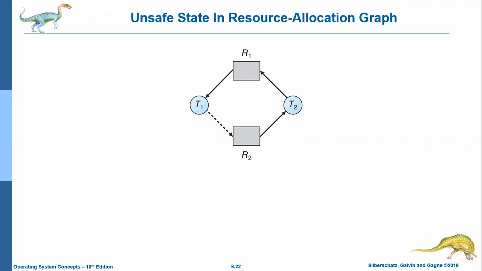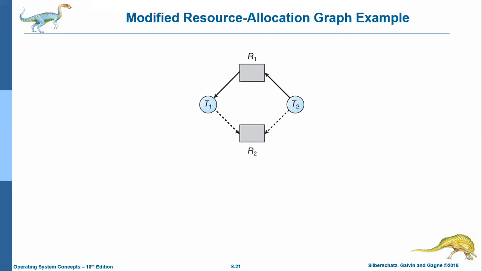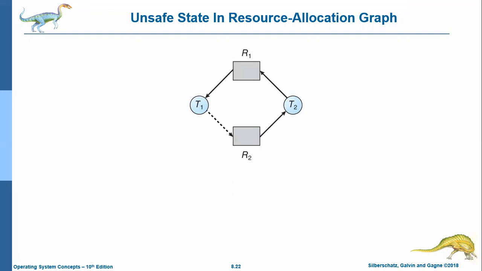And this figure indicates the claim edge that has been converted to the assignment edge. That is, in the last figure, we have seen that there was a claim edge from T2 to R2. Now, this edge has been converted to the assignment edge.